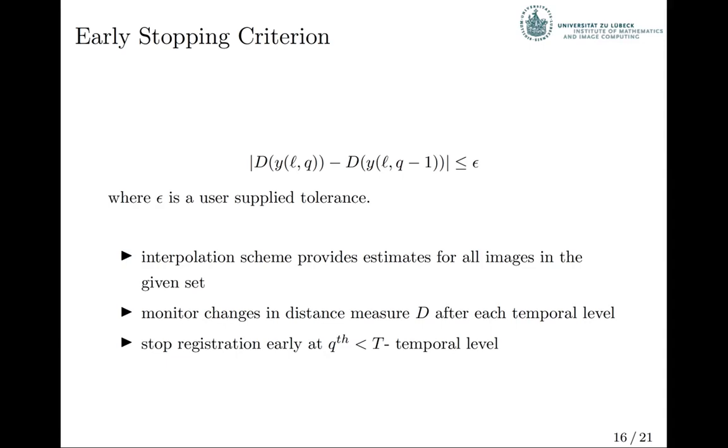So our interpolation scheme at all temporal levels provides an estimate for all the images in the sequence, and that allows us to compute the distance measure using all the images. So at each temporal level, we can compute the distance measure for all the images, and if we observe that the distance measure is not changing from one temporal level to another, we can stop beforehand. That means that you don't need to register all the images at any point of time.